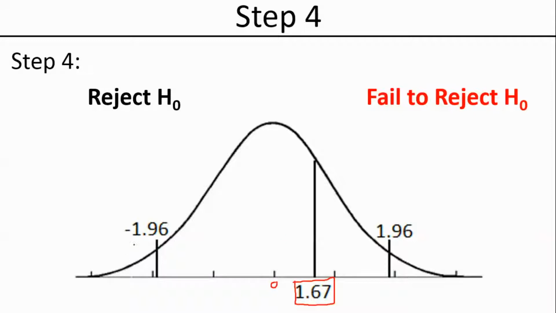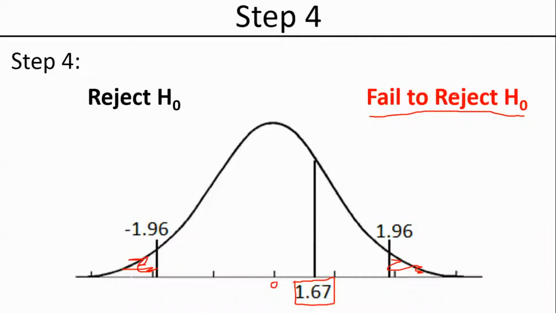And we can clearly see that our observed value does not fall in our critical region. Because it does not fall in our critical region, we fail to reject the null hypothesis. We are basically saying here that our treatment did not have an effect on test scores.